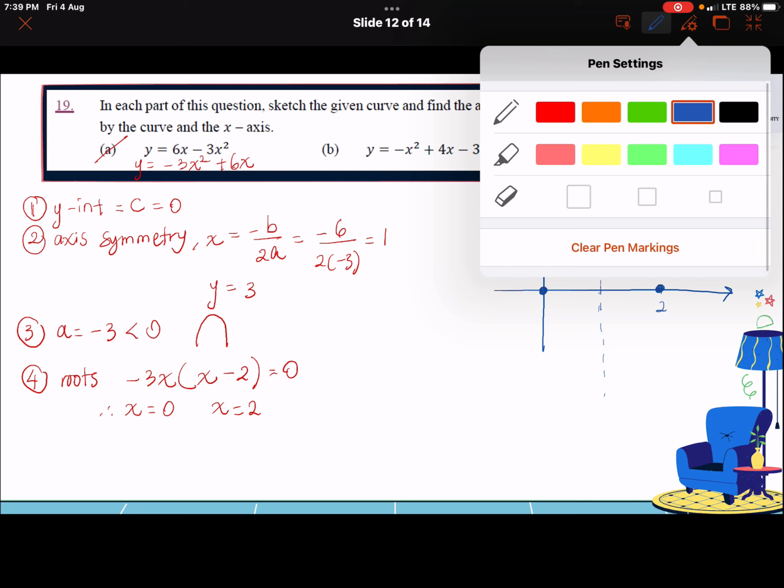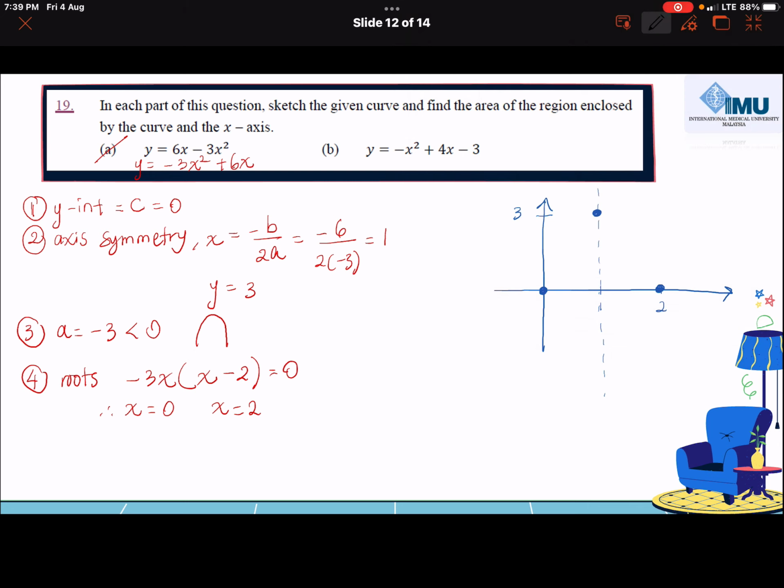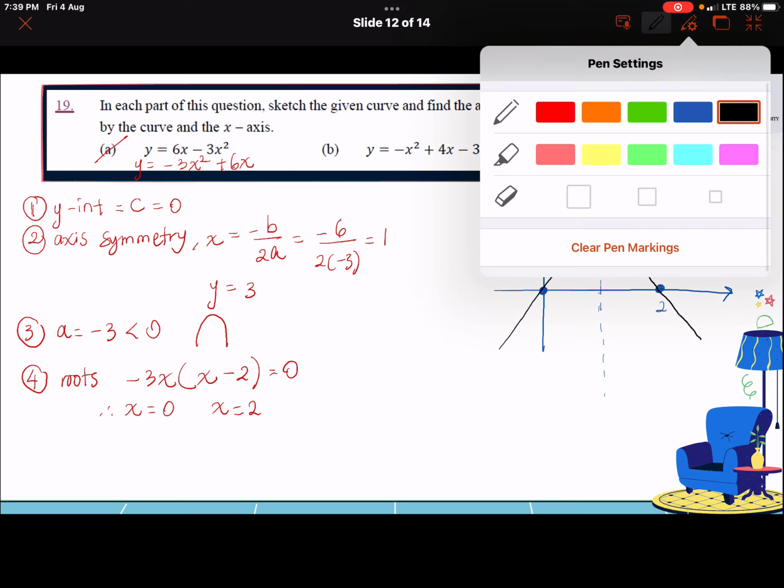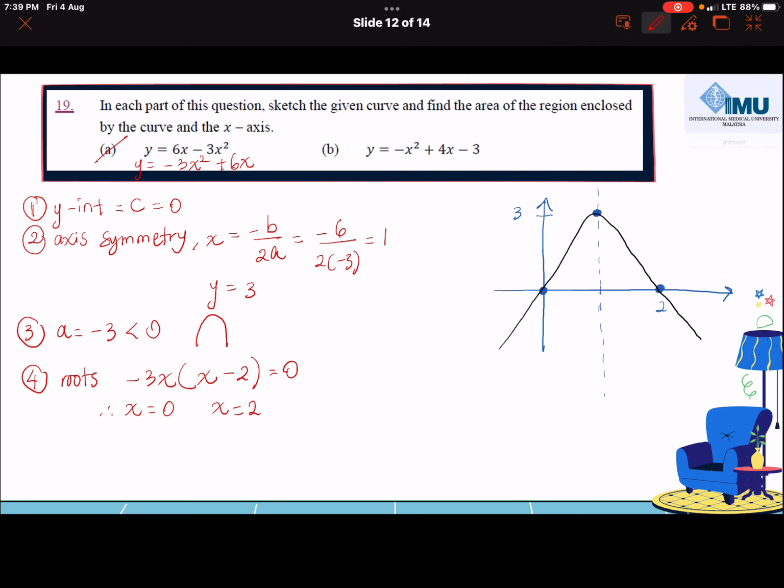Now, let's connect all this information. You notice all these points will produce a parabola of the N shape. This is the curve of A. Next job, they ask you to find the area of region enclosed by the curve and the x-axis.